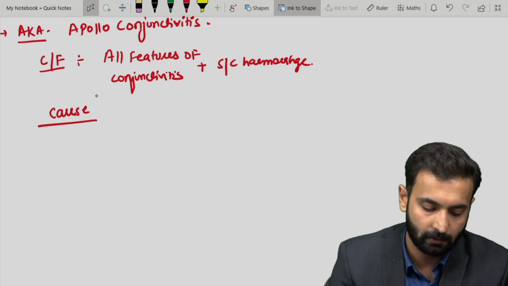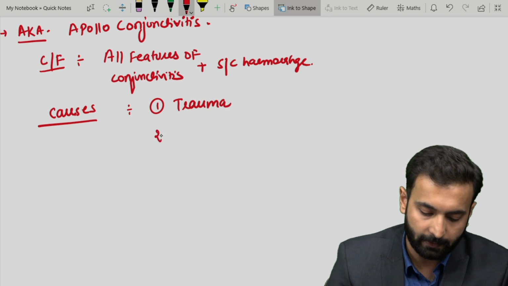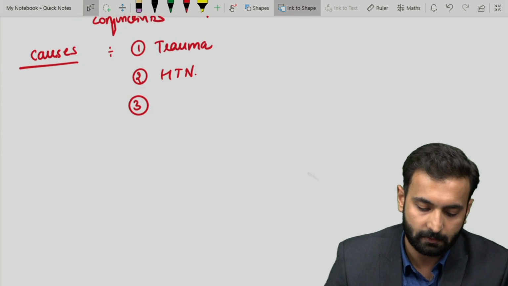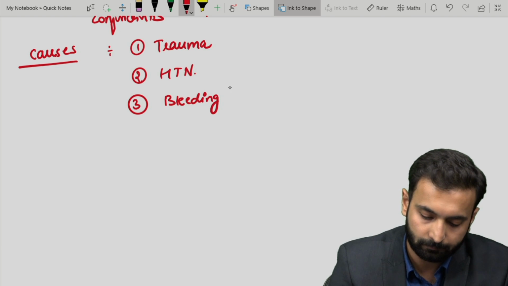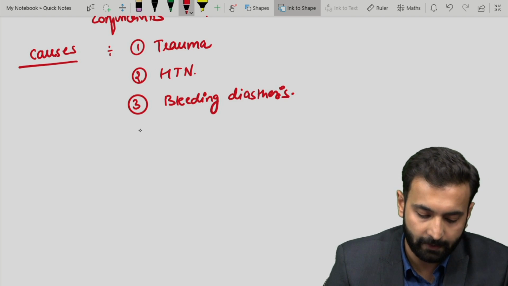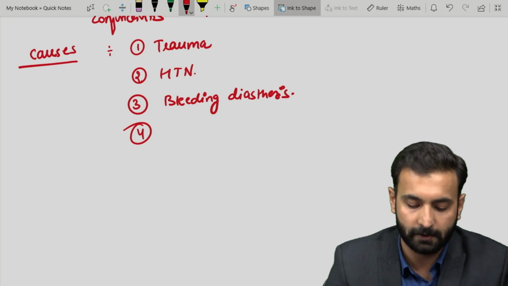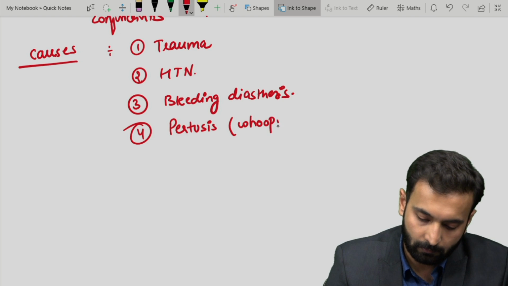Now what else should you know in acute hemorrhagic conjunctivitis? The causes. Apart from this, what are the other causes of subconjunctival hemorrhage? First, write down trauma, second cause is hypertension, third cause is bleeding diathesis, bleeding disorders, and the fourth cause is pertussis or whooping cough.